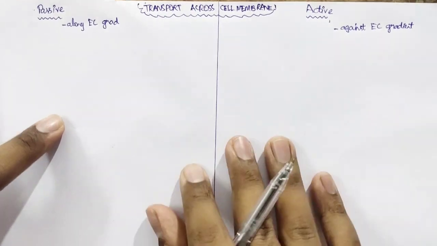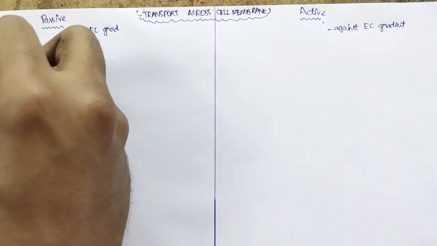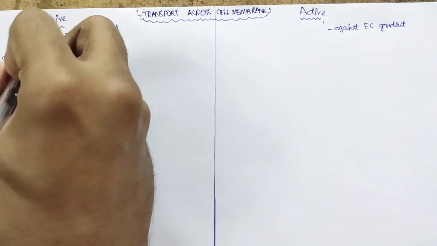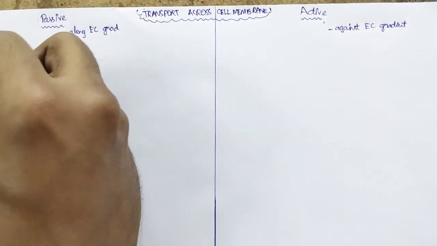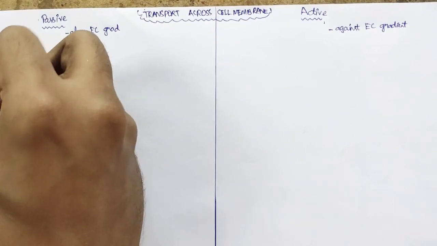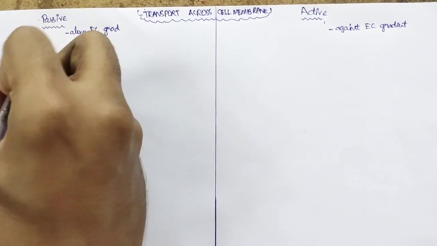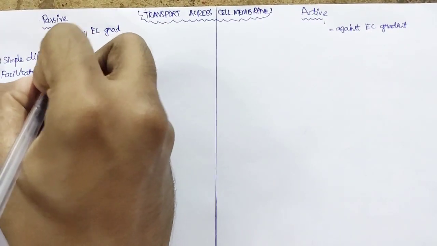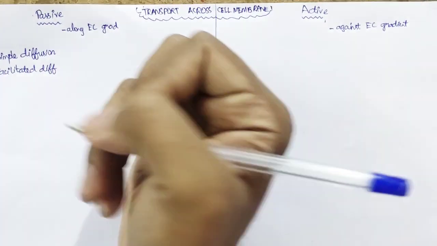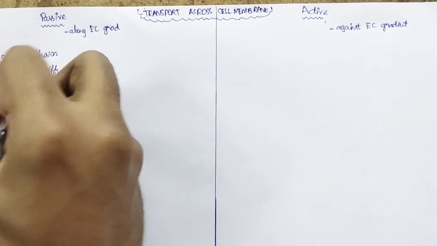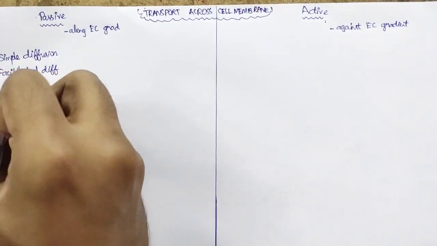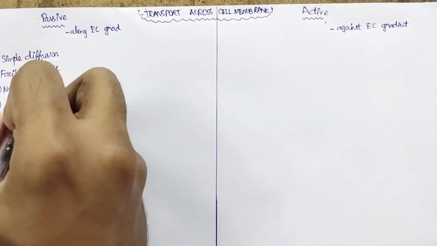So what can be the examples of passive diffusion? It can be simple diffusion, facilitated diffusion, non-ionic diffusion, and osmosis.